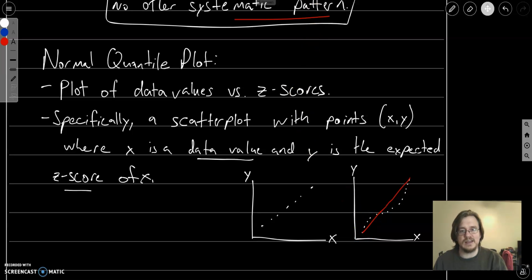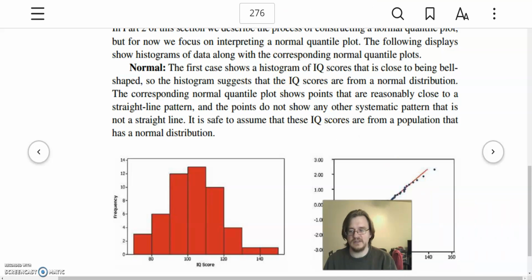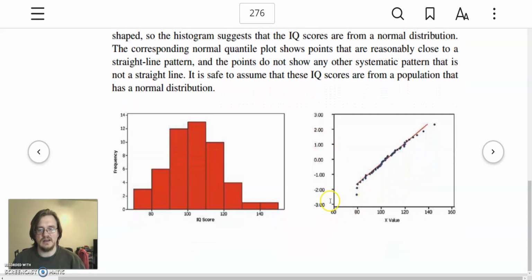So let's look at a couple of these normal quantile plots. I may have to move myself to the other side of the screen. So here is a plot where we have our histogram of, in this case, IQ scores, and how often they occurred in a pretty large sample. We can see that this has a rough bell shape to it. And when we come over here and look at this plot, this is the normal quantile plot.